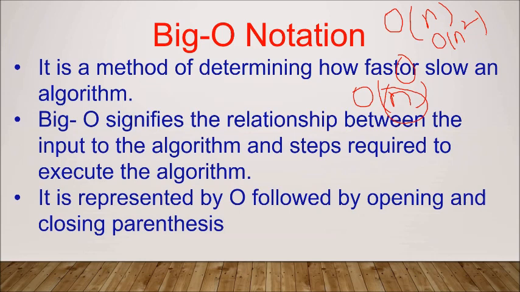If the number of steps is 10, then O(n) will result in a time of 10, but in the case of n square the time will be 100. So obviously more time is needed if we are following this algorithm. So using big O notation we can know which algorithm is appropriate.